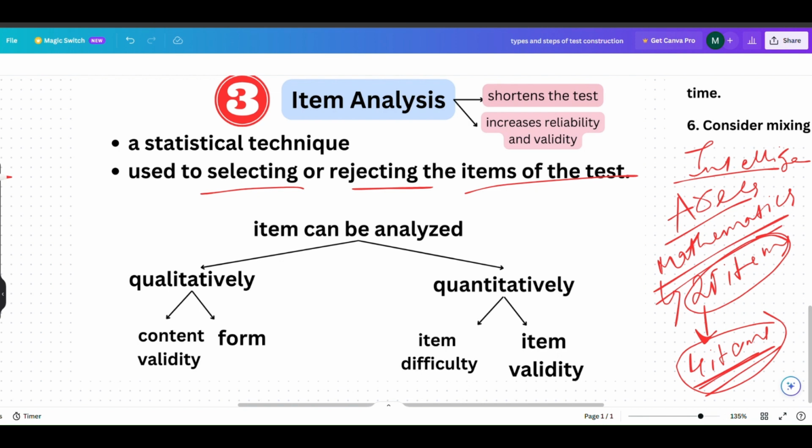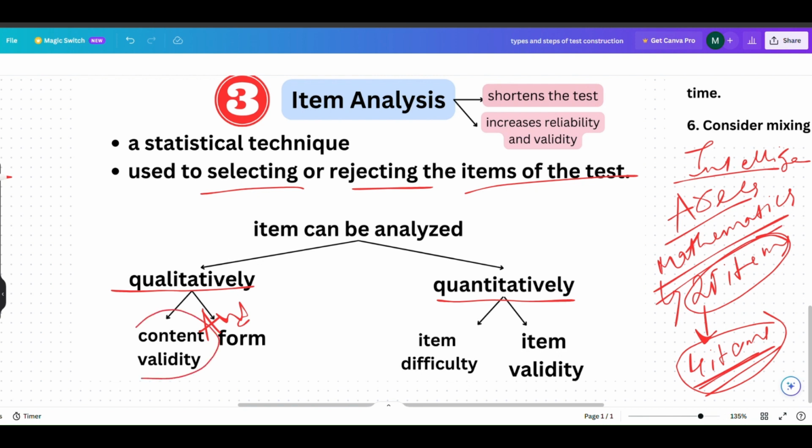Now, the item analysis can happen either qualitatively or quantitatively. In the qualitative form, the content and the form are seen. In the quantitative form, it is in terms of the statistical properties, which are item difficulty and item validity.